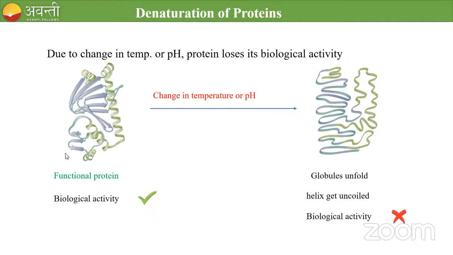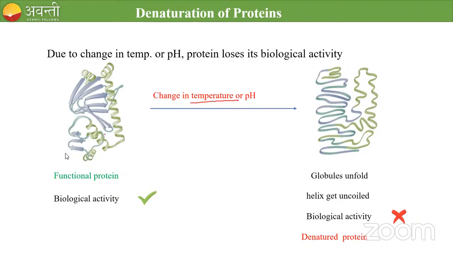Now the resulting protein is called denatured protein. The protein which cannot do its biological activity is called denatured protein. The activity is getting reduced because of the uncoiling of the helix and the unfolding of the globules. Clear? So if you are changing the temperature, if you are heating it, what will happen?